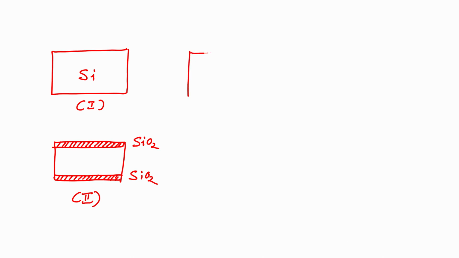We start with a substrate, which is silicon, then we grow oxide. So this is stage 1, stage 2, stage 3.